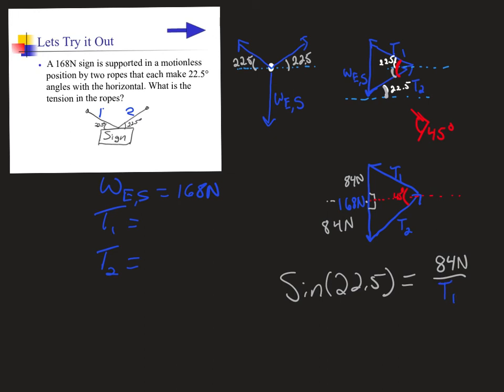Now we have to multiply both sides by T1 to get rid of that so that we can solve for it.